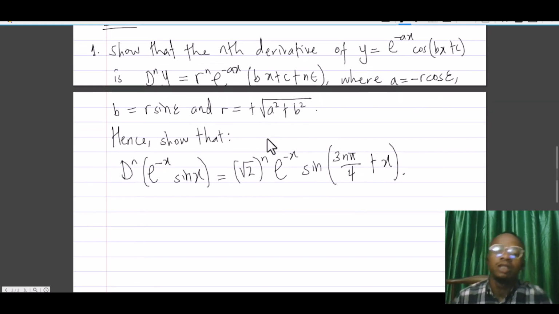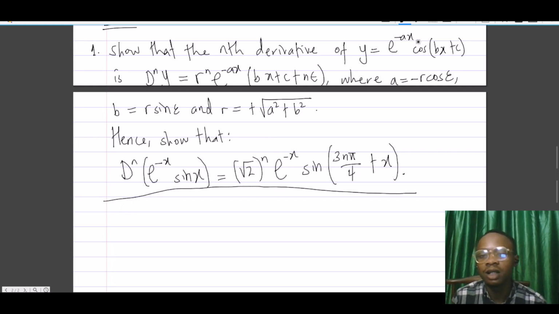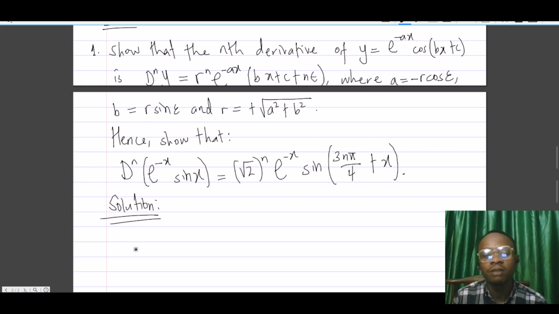So we will here make use of mathematical induction. We will prove by mathematical induction. So don't forget the statement as we provided above.